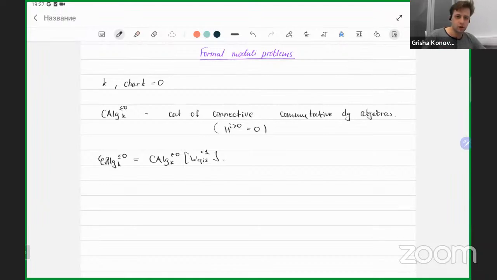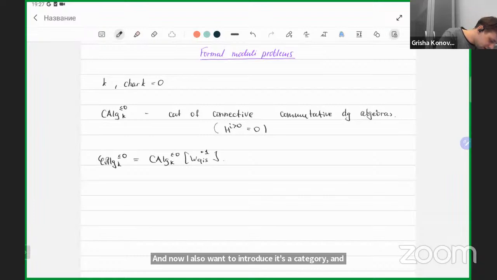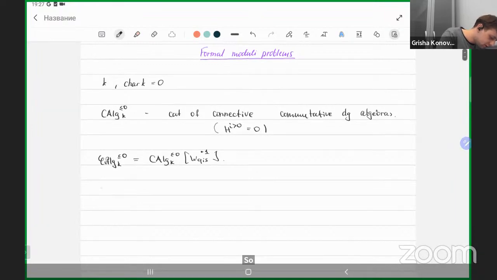And now I also want to introduce a subcategory of Artinian algebras. So first, let me denote it just Art.